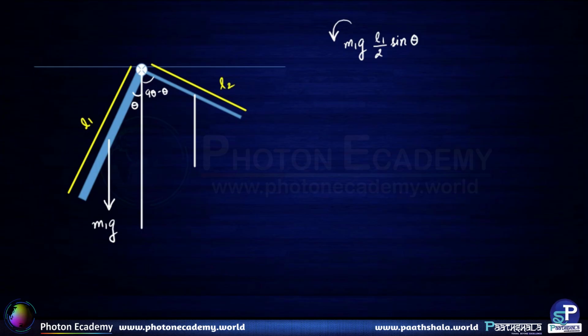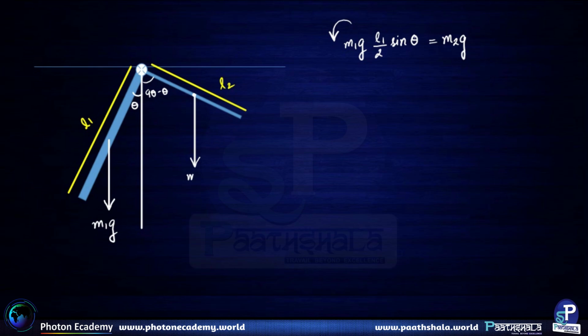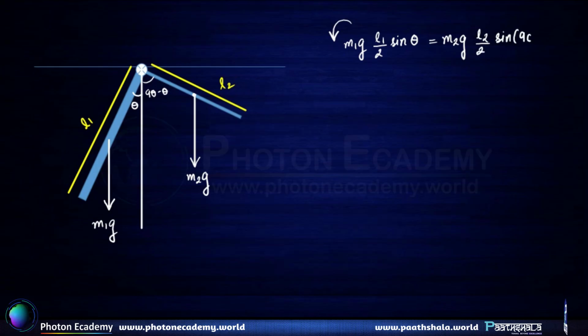Now if we analyze the clockwise torque, it is going to be equal to M2G, the force acting from the center of mass of the uniform rod L2, so M2G into L2 by 2 sine of 90 minus theta.